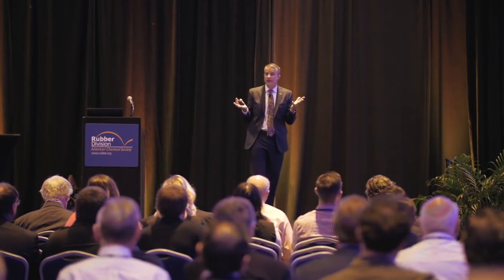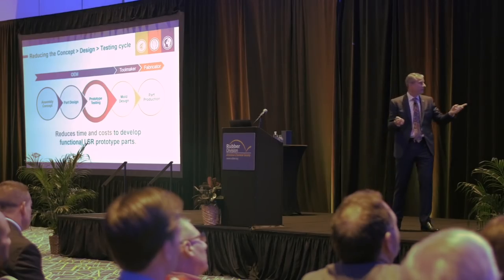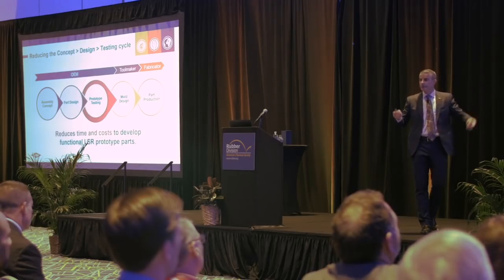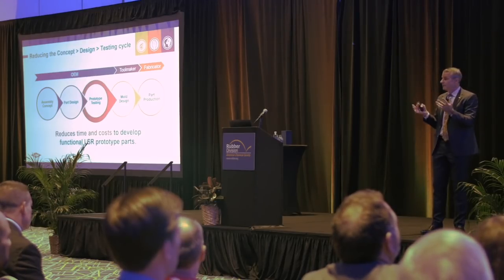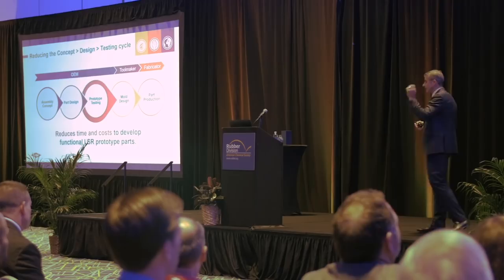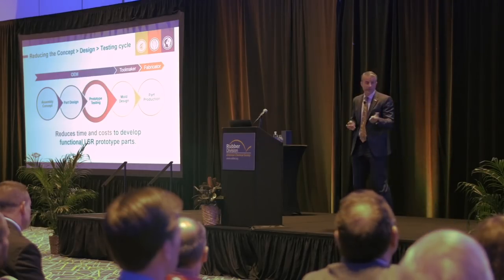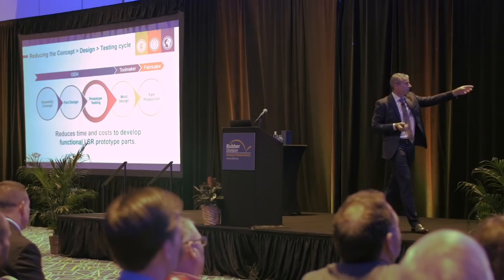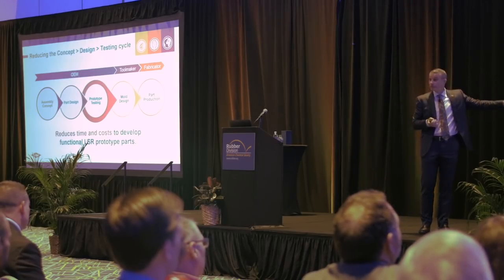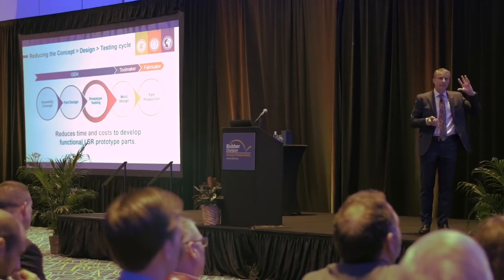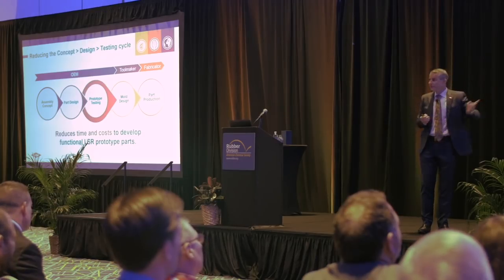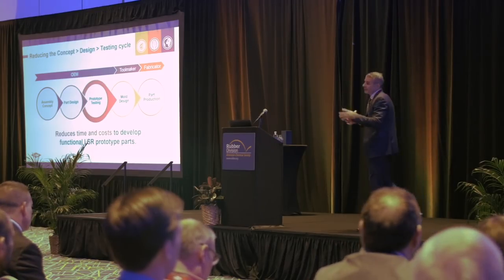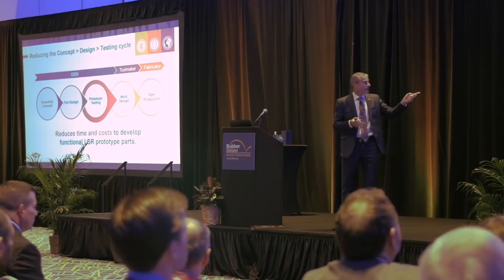But what does that mean for us? In the past, what happened is, let's say you're looking at a new, I don't know, kitchen tool, or that's probably not so exciting, but an automotive or consumer good, like a cell phone part or something. You start with a concept. You do some ideas of what you would like to do. You design the part, maybe on a computer in a CAD design or something.